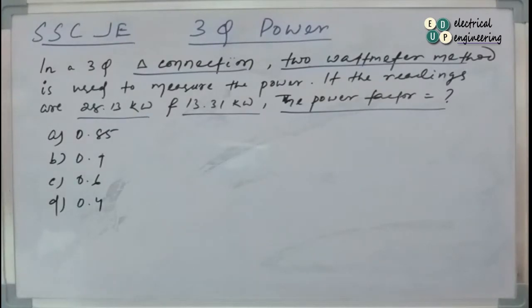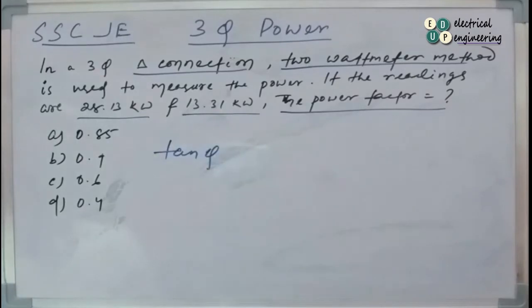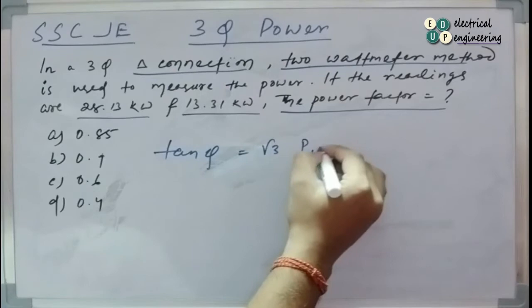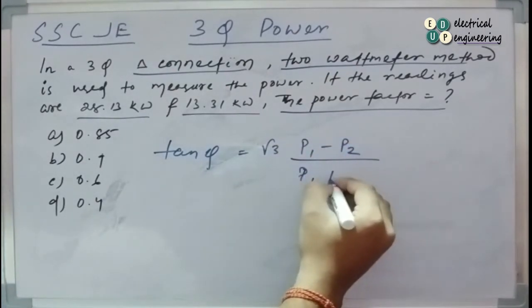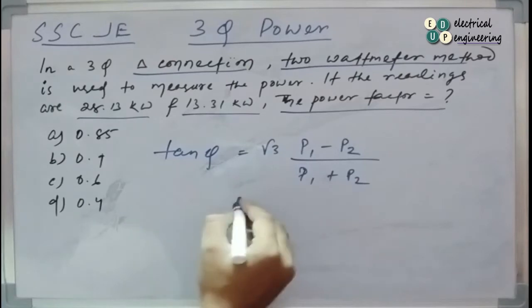Just remember one formula here: tan phi, where phi is the phase angle, equals root 3 (P1 minus P2) divided by (P1 plus P2). For the timing, remember this formula. We will discuss it in detail in another lecture video. From here, find phi.